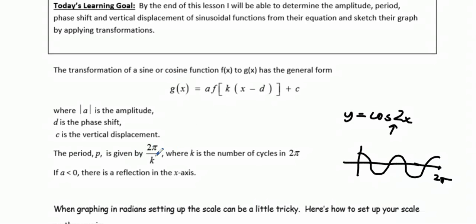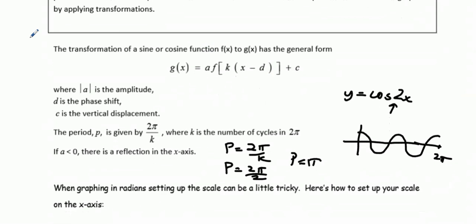So how do I figure that out? I would have P equals 2 pi over K. I can see my K is 2, so the period would be 2 pi over 2, so the period is pi. Okay, so definitely period and K are related to the horizontal stretch or compression.